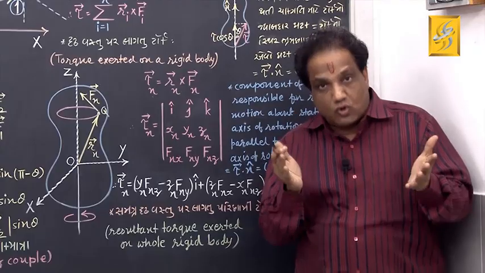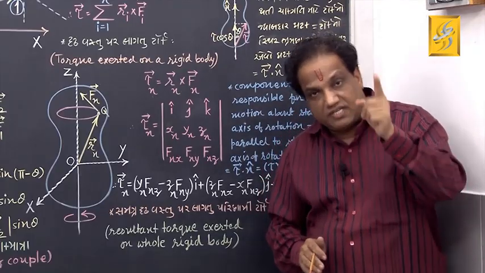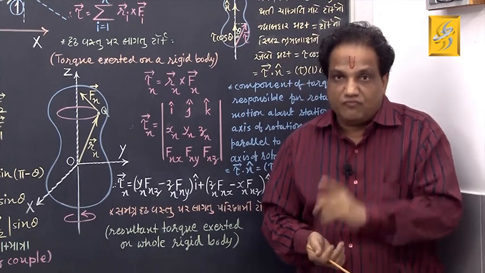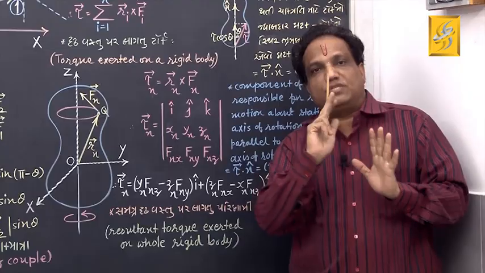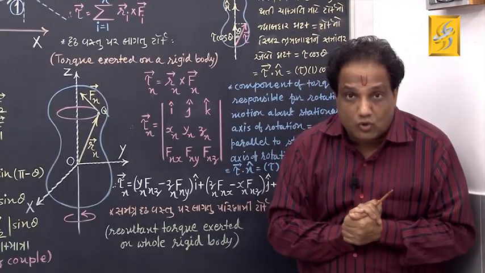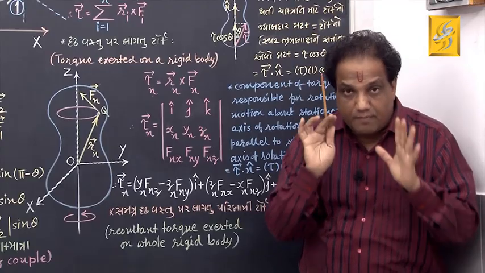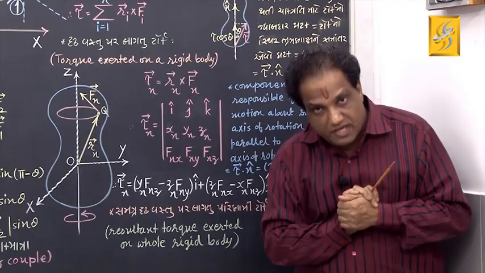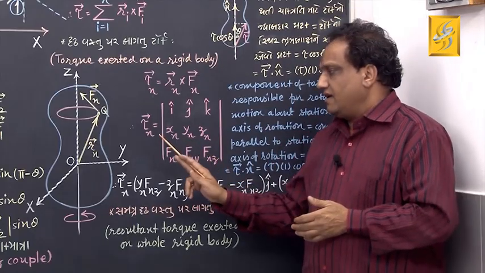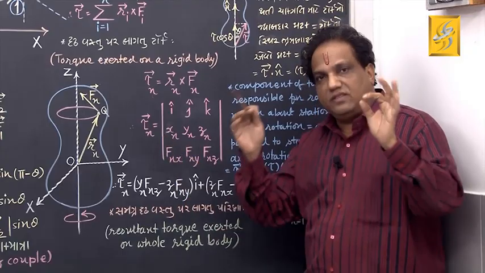To open or close a door, do you exert torque on each and every particle of the door? No. We exert torque only on the handle, and that produces rotational motion in the entire door. So torque exerted on a single particle becomes equal to torque exerted on the entire rigid body. That's why we find the torque exerted on one particle, say the nth particle.